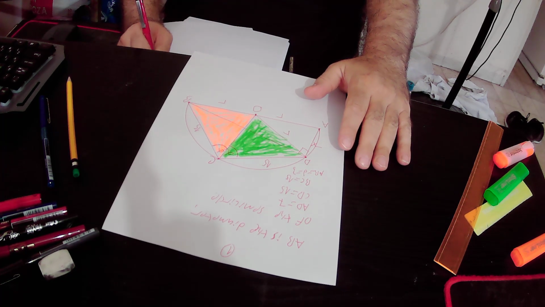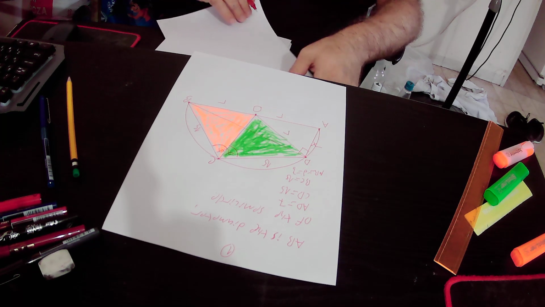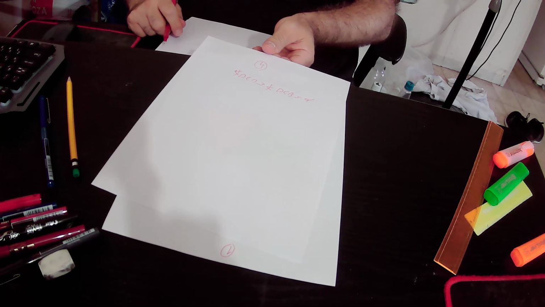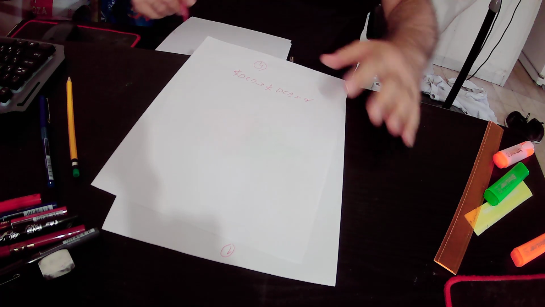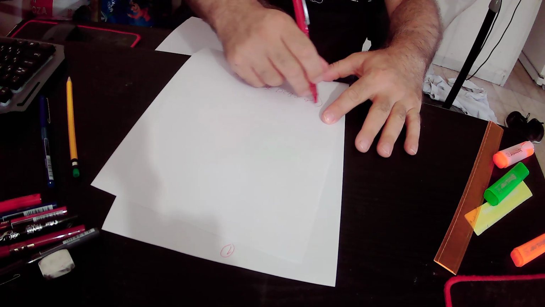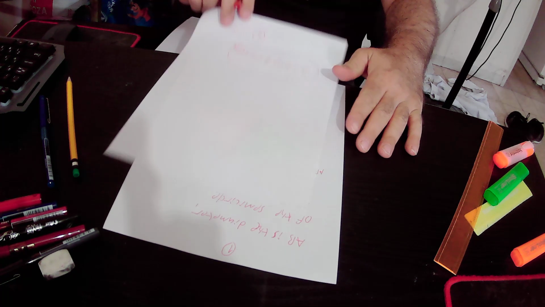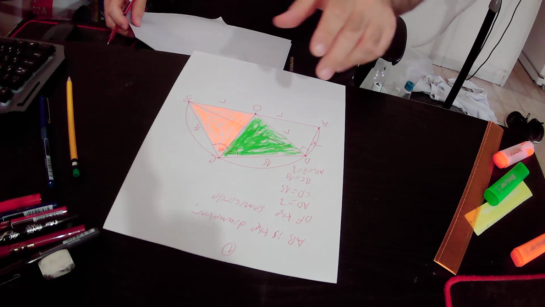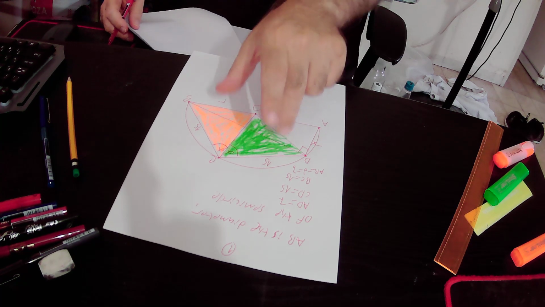Okay, so angle DCO equals angle DCB equals alpha. So in the next step we will focus on triangle DCB, this triangle.